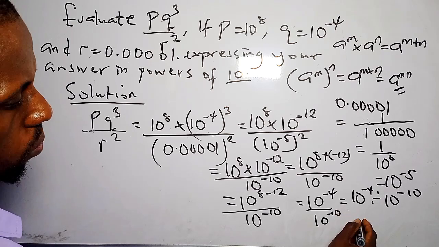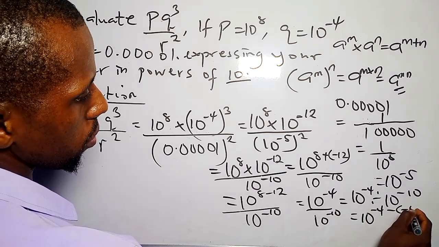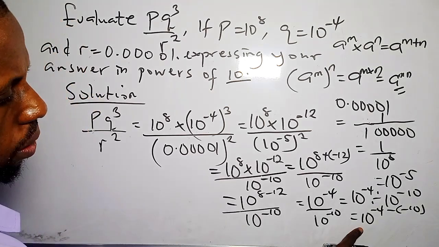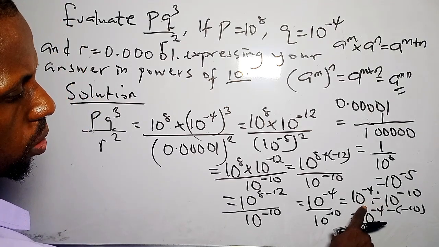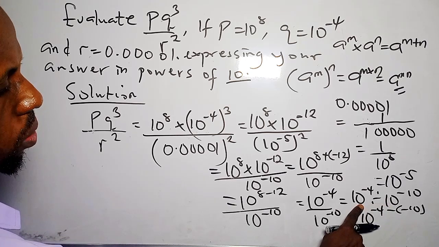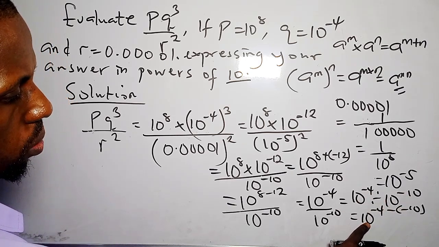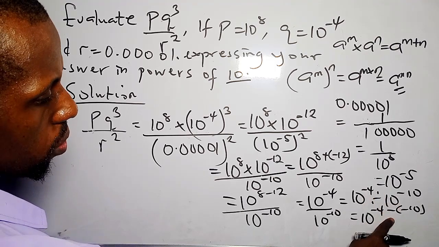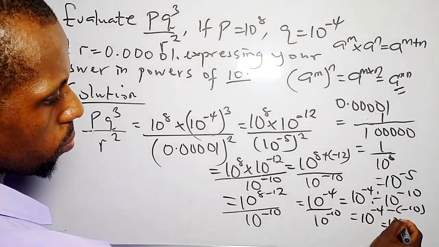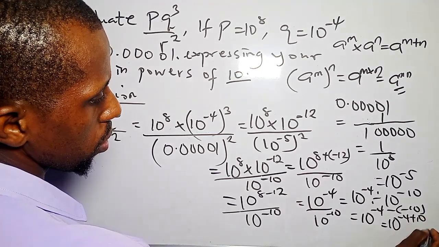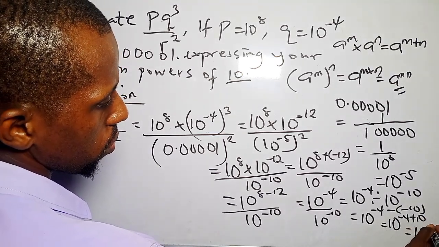When we apply the law of indices for dividing the same base, we pick out the base and subtract the powers. So with 10 as the base, we subtract the two powers. At this point we have 10 raised to the power minus 4 plus 10, so we have 10 raised to the power 6.